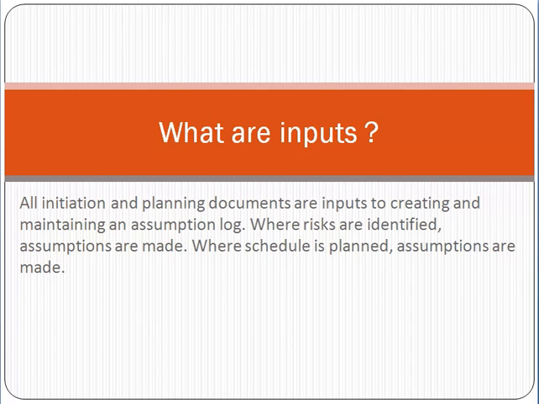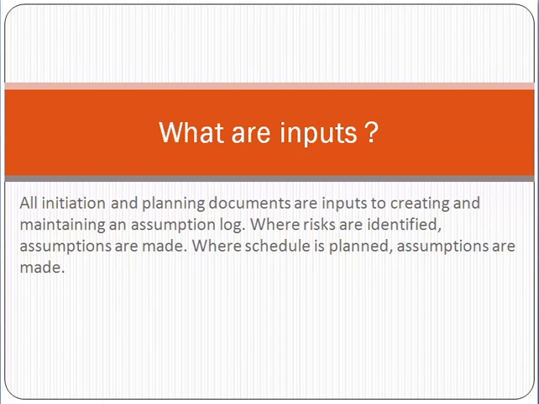Whenever we talk about risk, assumptions are made. When the schedule is planned, assumptions are made. Whenever we identify a risk, we have to make some assumptions. Whenever we are making the schedule, we have to make some assumptions.